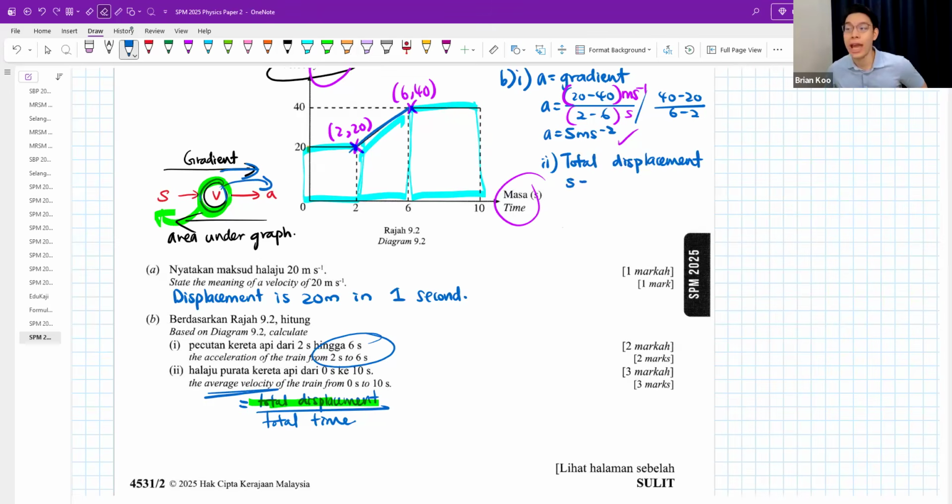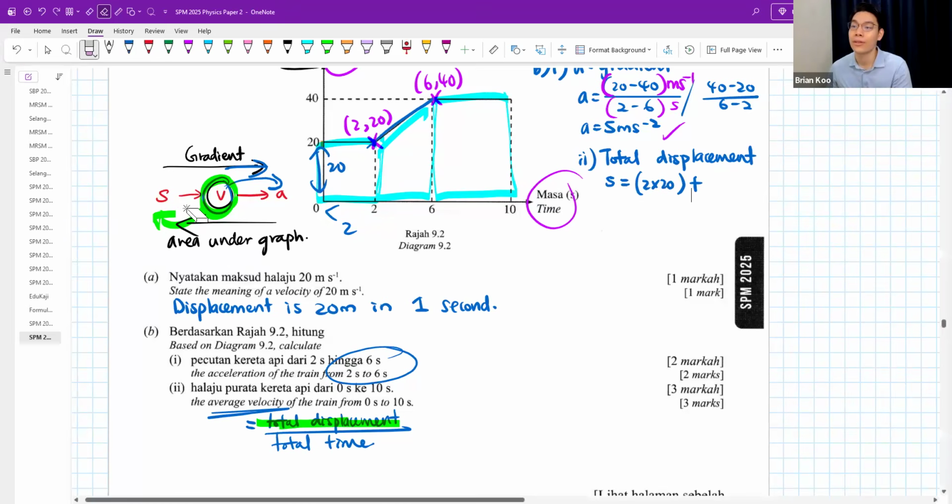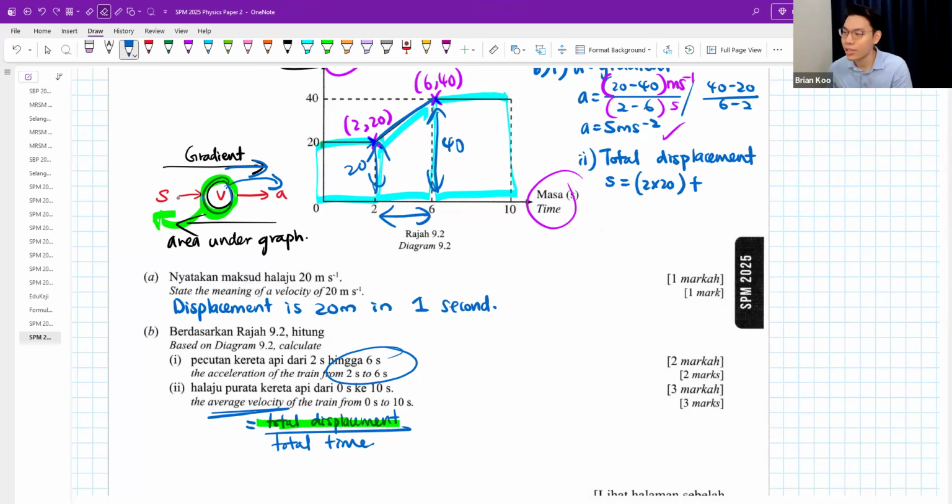If you want to just write S, can also. The first one is just 2 times 20, right? 2 times 20. The second area is half trapezium, half times 20 plus 40, the parallel sides, and here's 4.